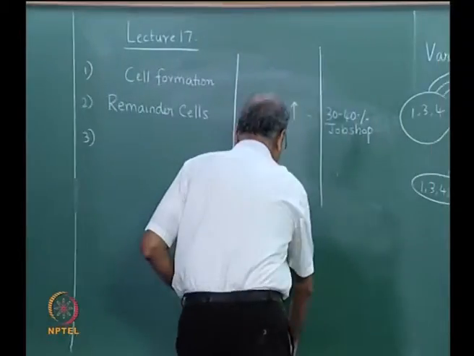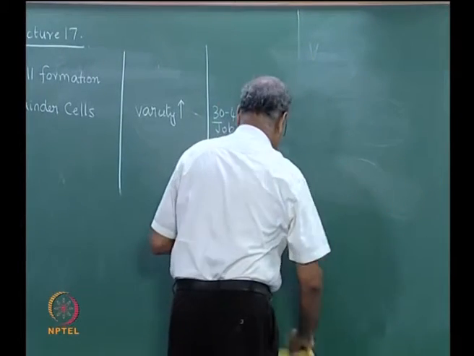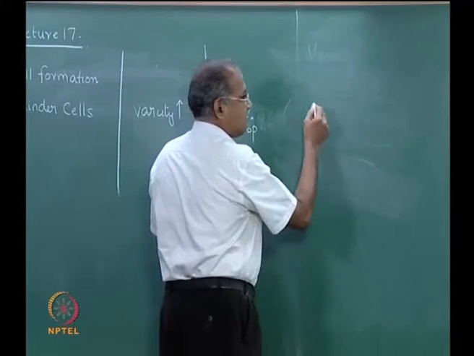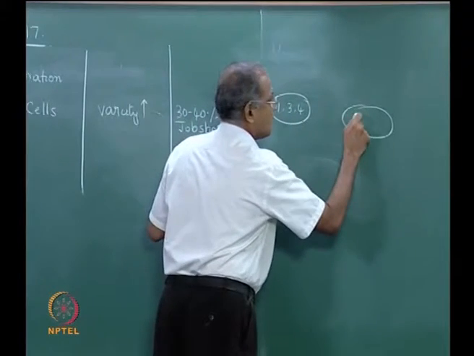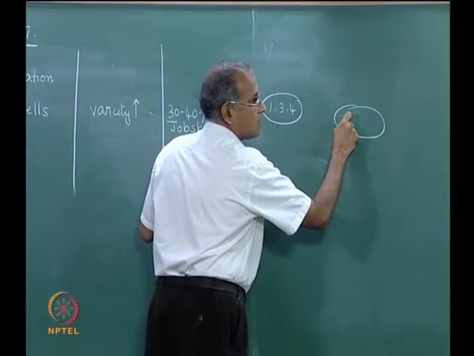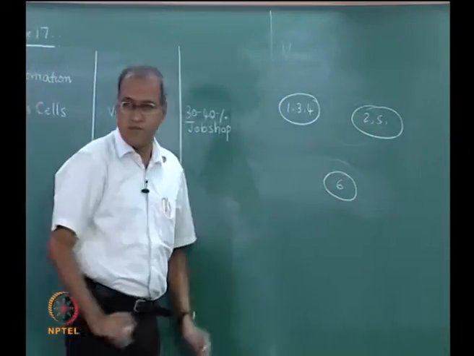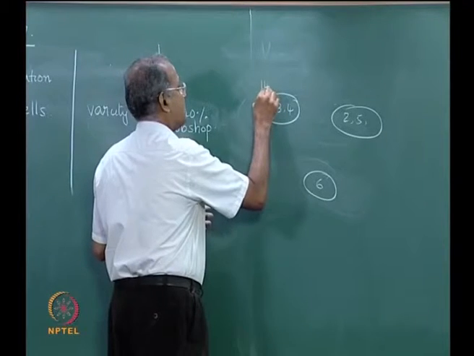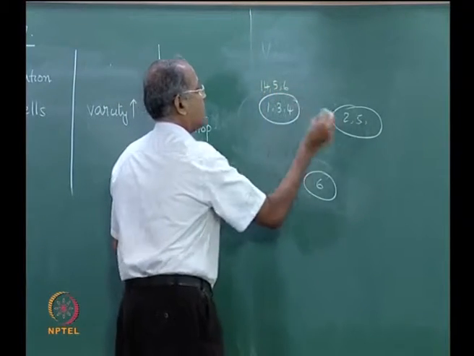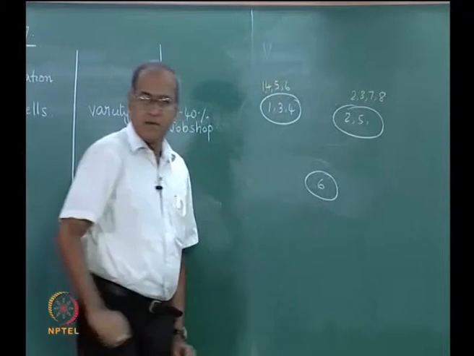For example, if this is my remainder cell, in terms of machines, now in terms of parts 1, 4, 5, 6, 2, 3, 7, 8.